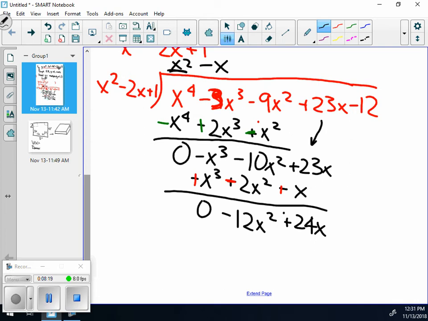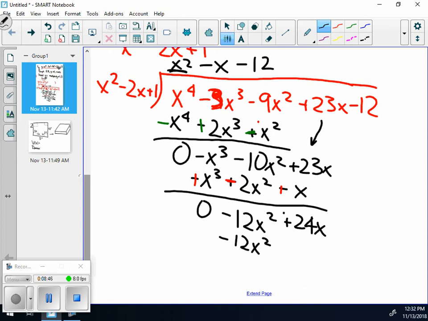Dice. All right. Row 6, person 4. We need our x squared to go into negative 12x squared, what should we multiply by? Negative 12 sounds good to me. So then our first term will be negative 12x squared.